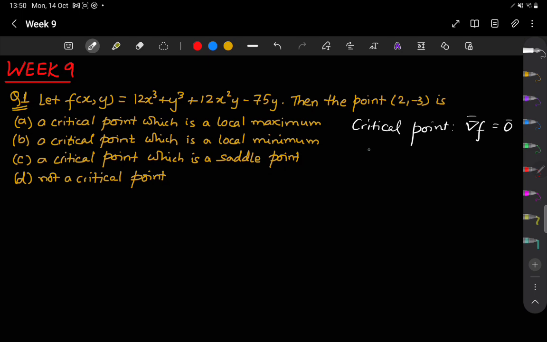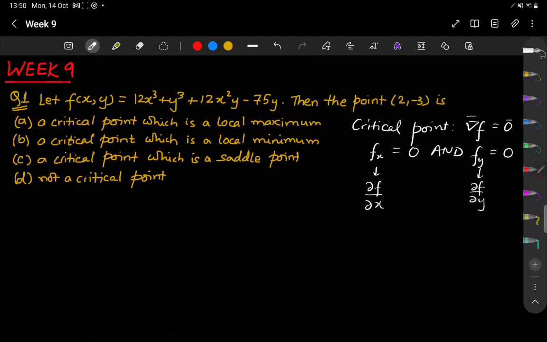Gradient of a function being 0 means that the derivative with respect to x is 0 and the derivative with respect to y is 0. This is the notation: fx means del f over del x, and fy means del f over del y, and del means partial derivative.